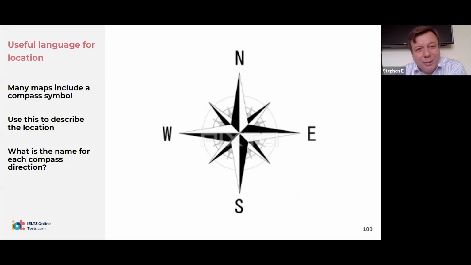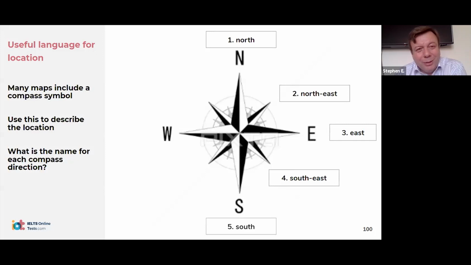What about the others? Yeah, southwest, good. Southeast, northeast, good. Okay, very good. There we go. So that's them all. So you can use these also when you're writing your description.